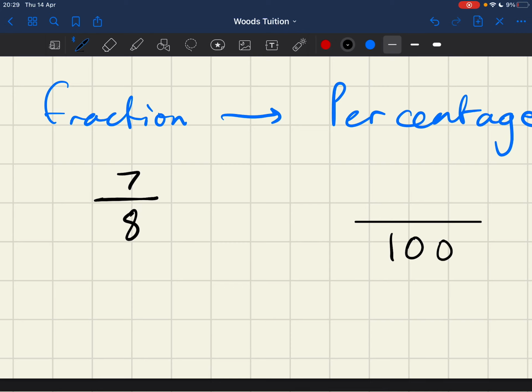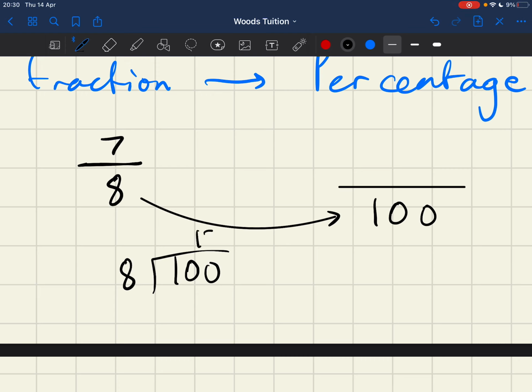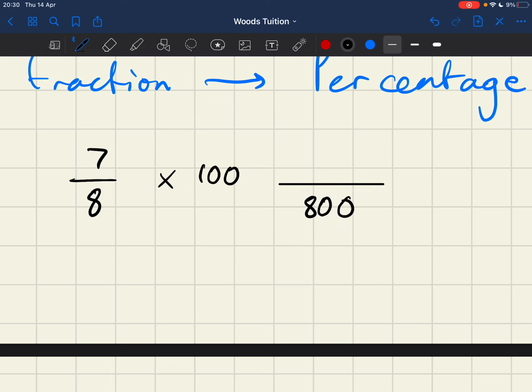let's say we're given a fraction such as 7/8. Okay, so we can't go directly from 8 to 100 because 100 divided by 8 goes in as 12.5. And I don't know my 12.5 times tables. So what we would do is we would take 7/8 and we would times it by 100 to get whatever we have over 800. So whatever you do to the bottom half, you have to do to the top half. 7 times 100 is 700.